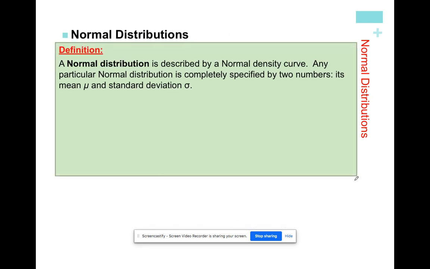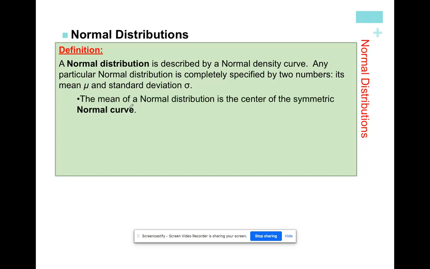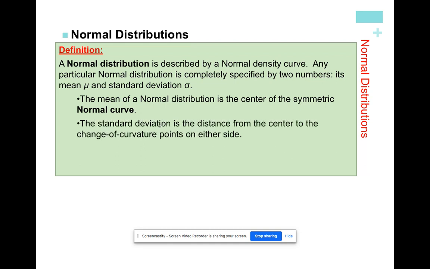So for normal distributions, like I said, we're going to describe them by a normal density curve. Any normal distribution is going to be described by its mean and standard deviation. The mean of a normal distribution is going to be the center because it's a symmetric normal curve. And then the standard deviation is the distance from the center of the curve to its inflection point, or the point where it changes curvature.